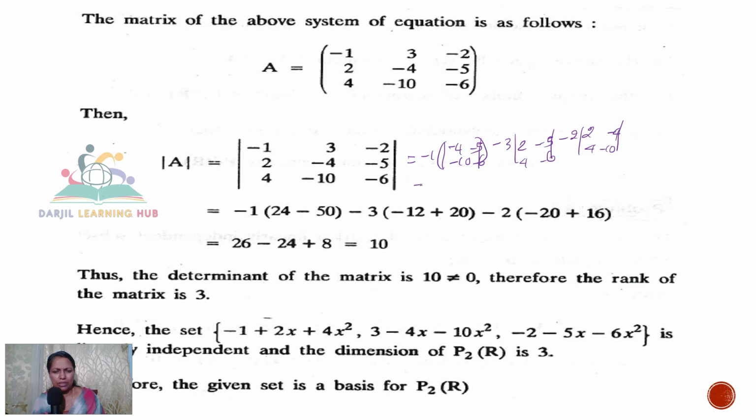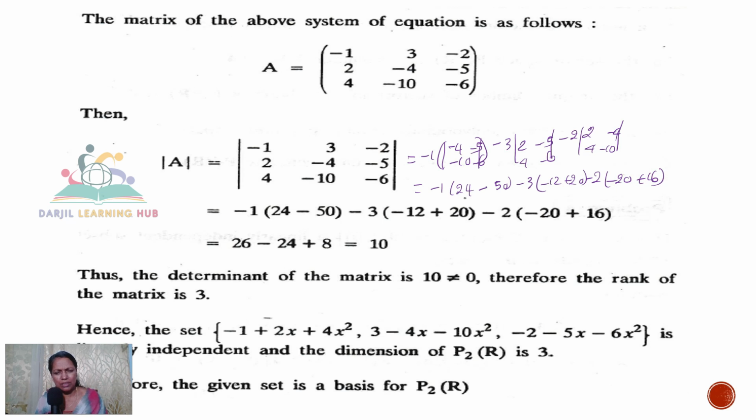So the answer is minus 1 into minus 4, minus 6, that is 24, AD minus BC, minus 50, minus 3 into minus 12 plus 20, minus 2 into minus 20 plus 16.